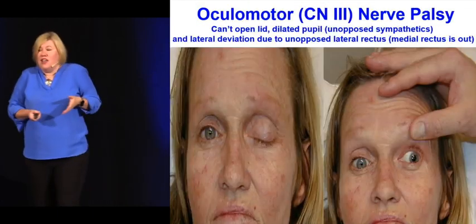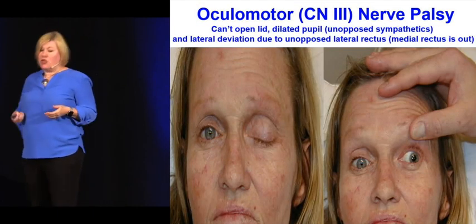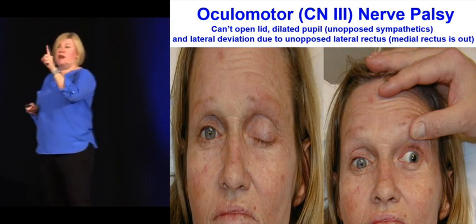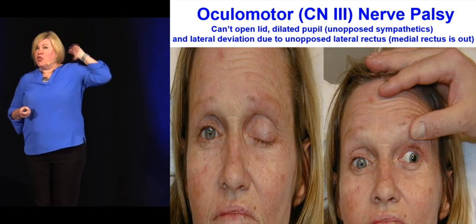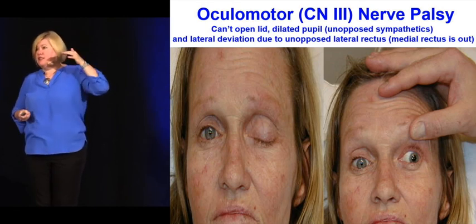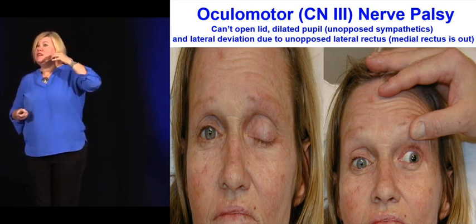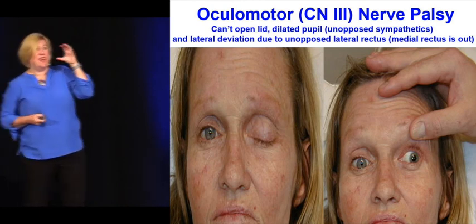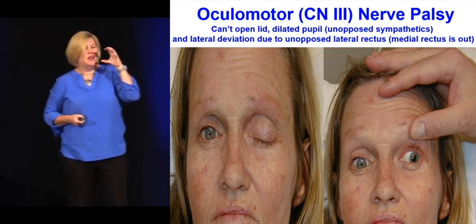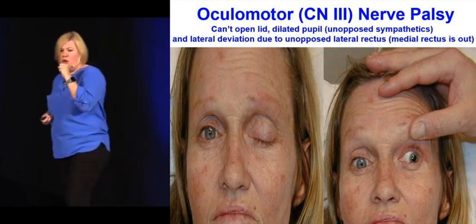That's going to be different than a third nerve palsy. If I take out my third nerve, I also will get ptosis because my third nerve helps me open my lid, but now, remember what runs along with the third nerve, it's best friends with the parasympathetics. So if I take out the parasympathetics, now I get a dilated pupil, very different than the sympathetic chain problem, different than Horner's. You have a dilated pupil instead of a small pupil.